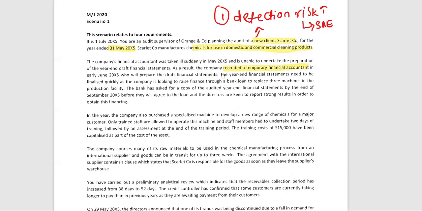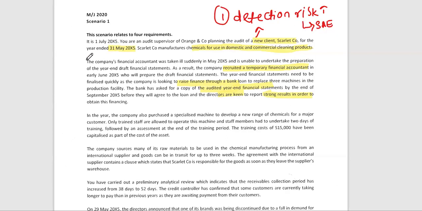Also, the year-ended financial statements need to be finalized quickly as the company is looking to raise finance through a bank loan to replace 3 machines in the production facility. The bank has asked for a copy of the audited year-ended financial statements by the end of September 20x5 before they will agree to the loan, and the directors are keen to report strong results in order to obtain this financing. So basically, there are two risks involved here in this paragraph.